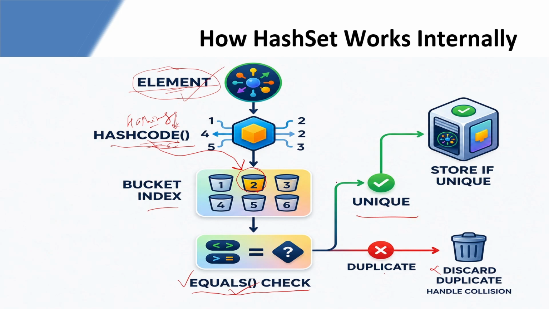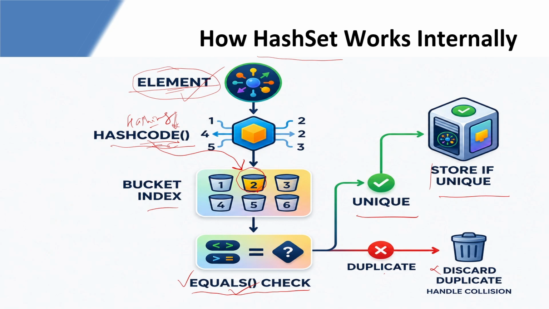That means it is not equal to the other remaining elements. In that case, it will store the element in the bucket. So that's how an element gets stored in the HashSet. This is the internal working.